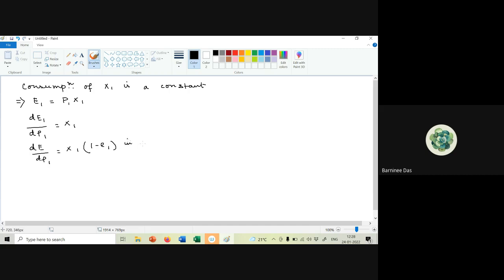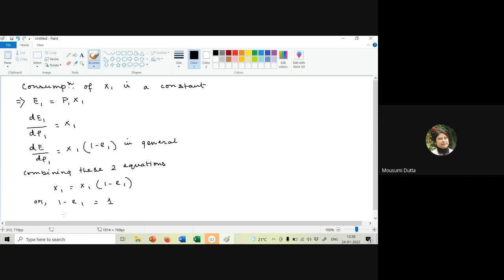From these two equations, combining them, we have (1 minus E) into X1 equals X1. So 1 minus E1 equals 1. This implies E1 is equal to 0.